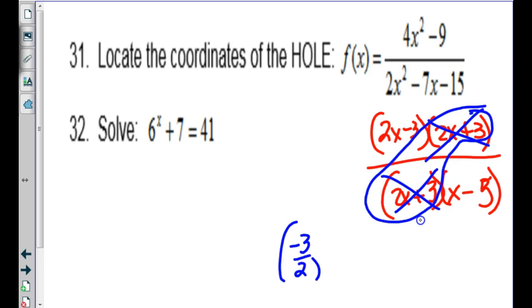Yes, but you cannot plug it into the factored one, right? You have to cancel those factors and then plug it in. If you plug in negative 3/2 here, you will get negative 6 over negative 6.5. Someone divide that for me. Math, enter, enter. What is it?